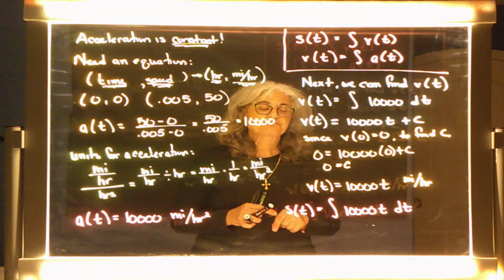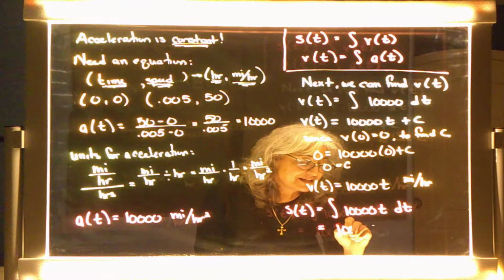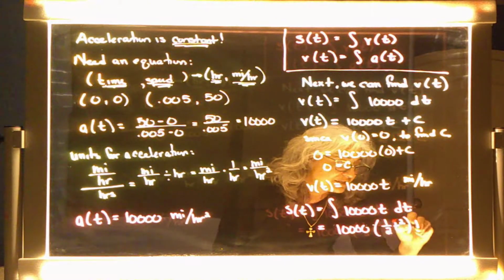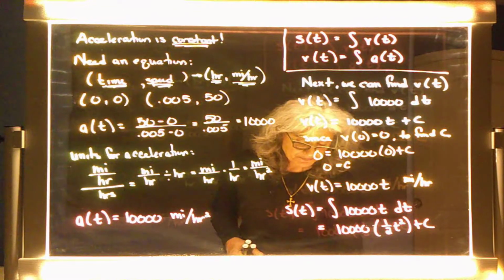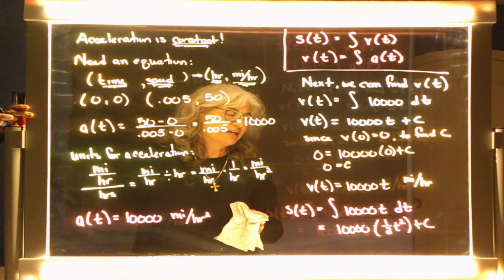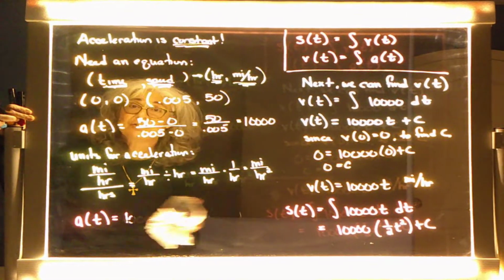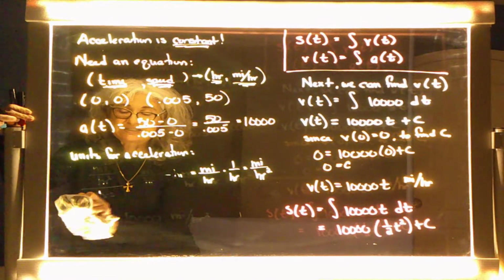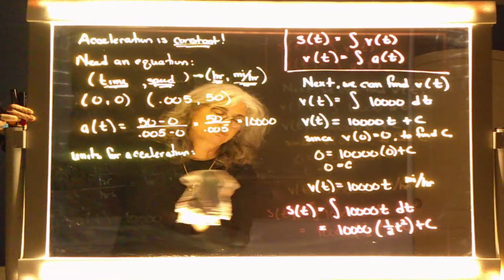Good? All right. Take the antiderivative of this. You get 10,000 times 1/2 t squared plus that c again, that constant again. Correct? All right. So 10,000 times 1/2. What's that going to give you? Yeah, that's going to give you 5,000. Good. 5,000 t squared plus c. Agreed? Agreed.